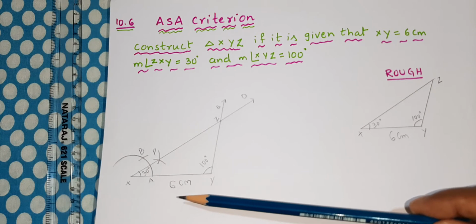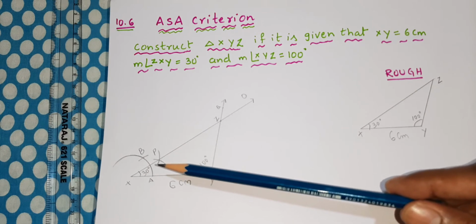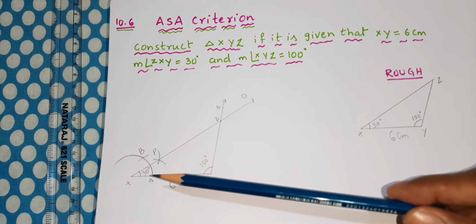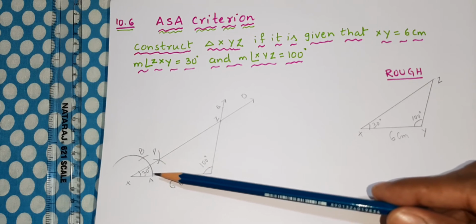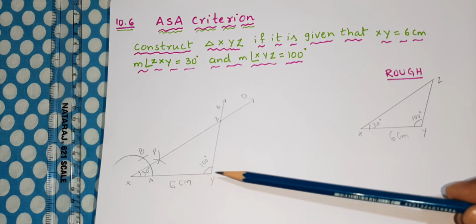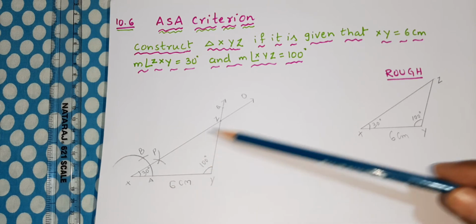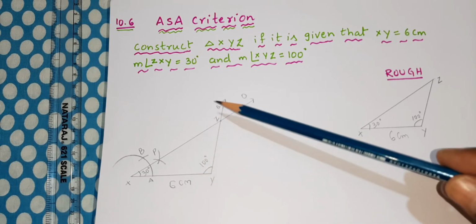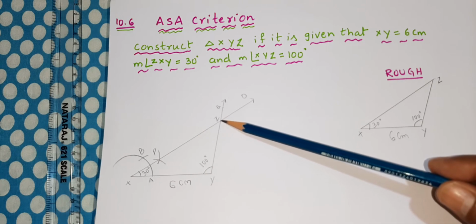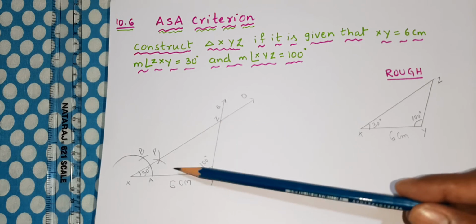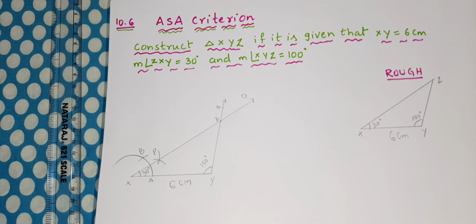Clear? By using compass, you can construct 30 degrees. Then by using protractor, you can construct 100 degrees. Just extend the lines. Both the lines will intersect at a point that is Z. Now XYZ is the required construction of triangle XYZ. Right, children?